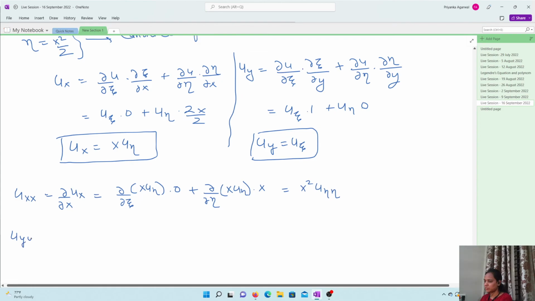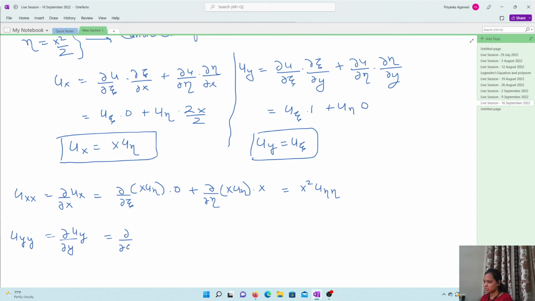Similarly, uyy becomes del by del y of uy, which is del by del xi of u xi into del xi over del y, which is 1, plus del by del neta of u xi into del neta over del y, which is 0. So this becomes u xi xi.